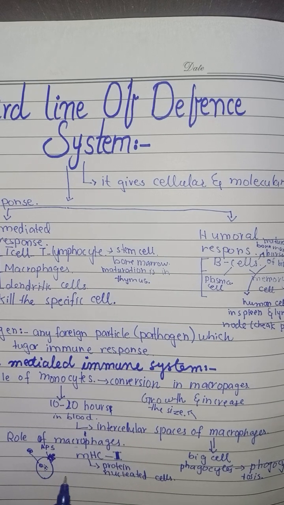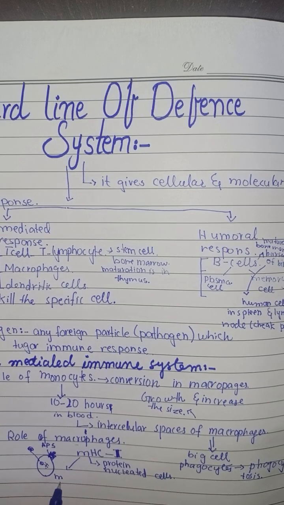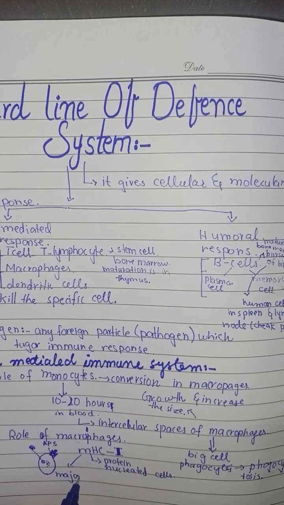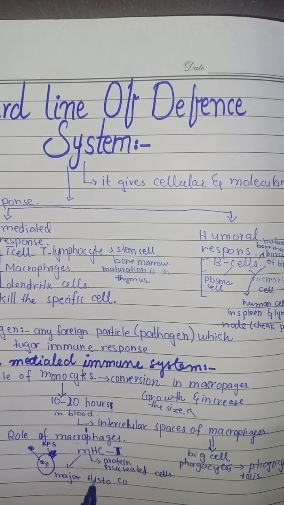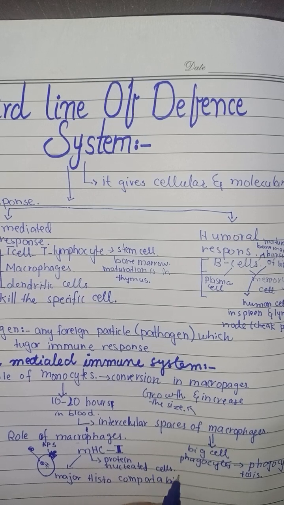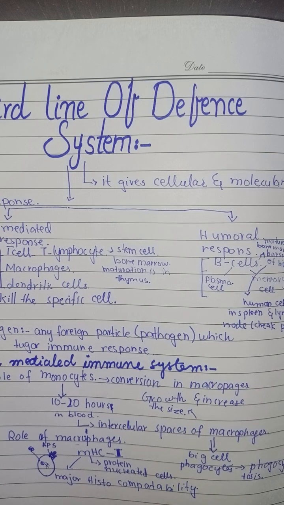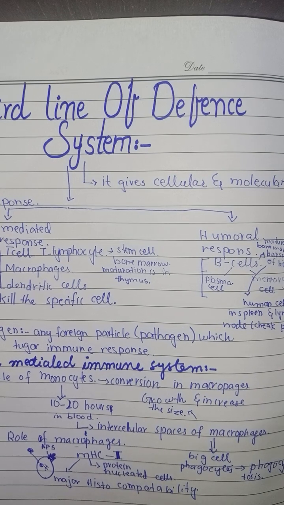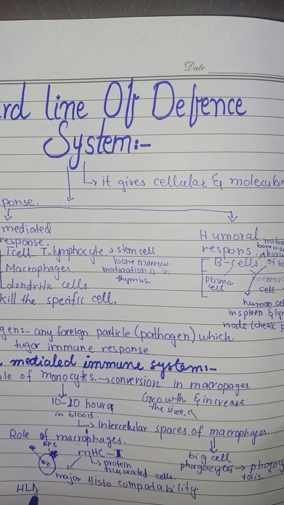So what is the full form of MHC? This is the major histocompatibility complex. Okay, so here we have one more in the human, that is HLA.